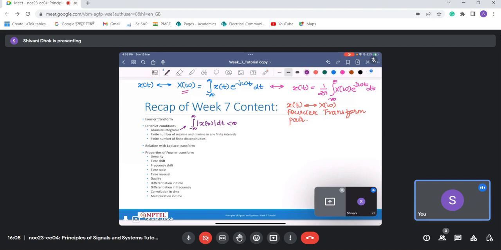After looking at this, the next thing that was discussed was its relation with Laplace transform. We know that the Laplace transform for any signal is x of s equal to integral from minus infinity to infinity x of t into e power minus s t dt, and this s is basically a complex frequency which is given as sigma plus j omega.